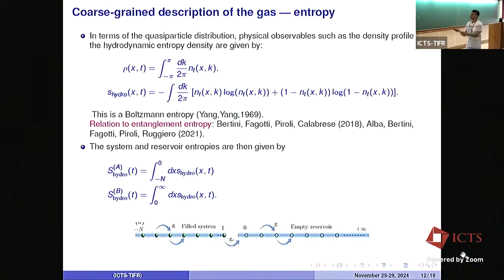You can calculate it either for the system or for the reservoir by integrating the local entropy over whatever volume. So from our microscopic solution of the phase space density, we are able to compute the entanglement entropy of this part and this part separately.